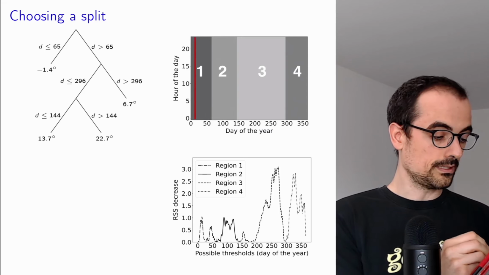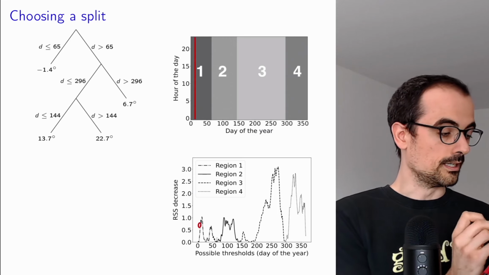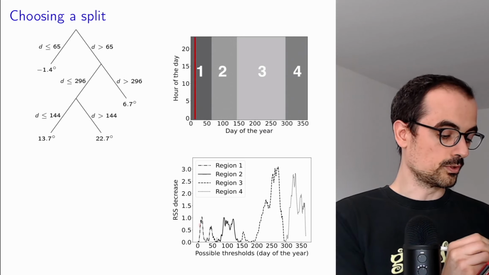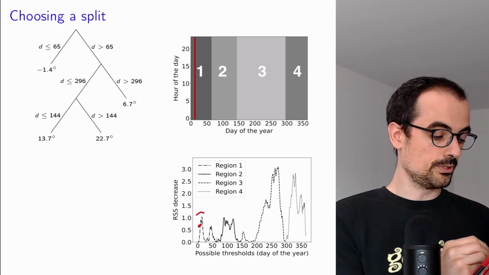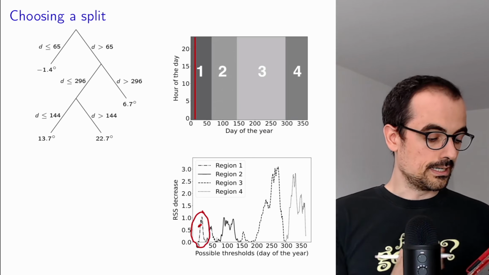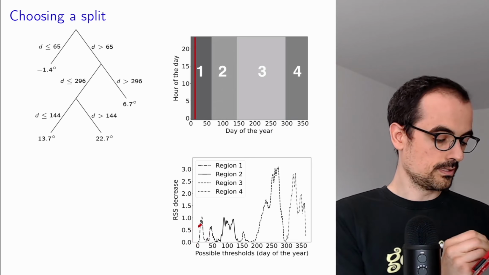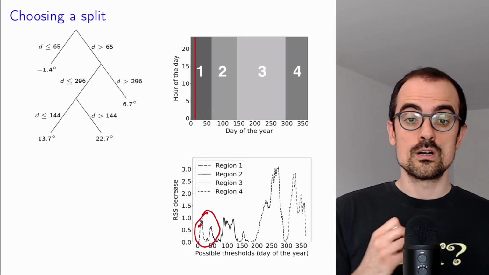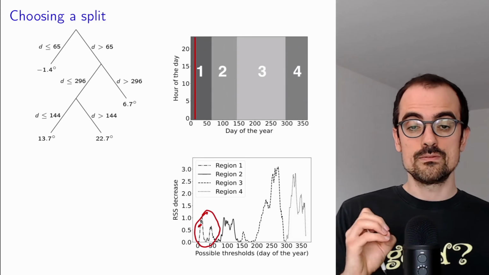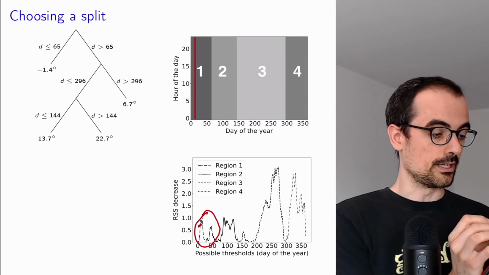Then we're going to get maybe this residual sum of squares. And here you see all the possible changes in the residual sum of squares for region 1 and feature D, the day of the year.